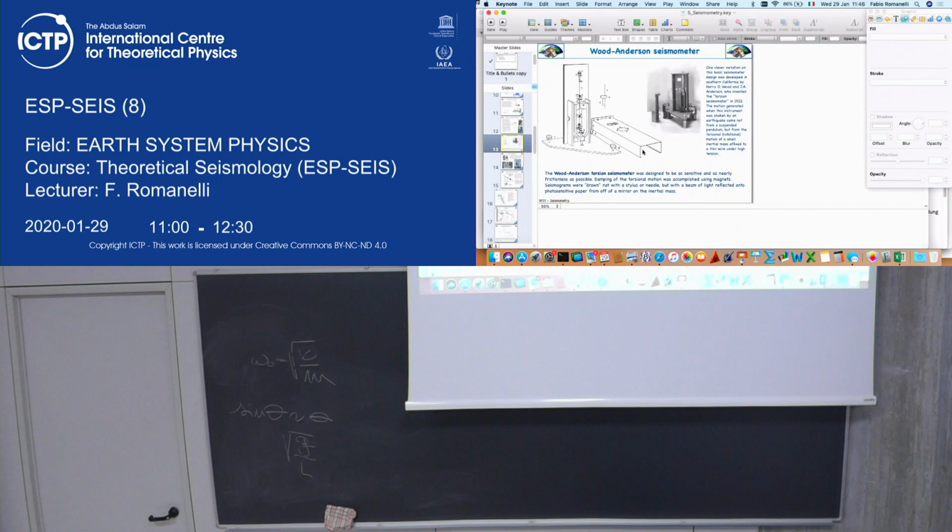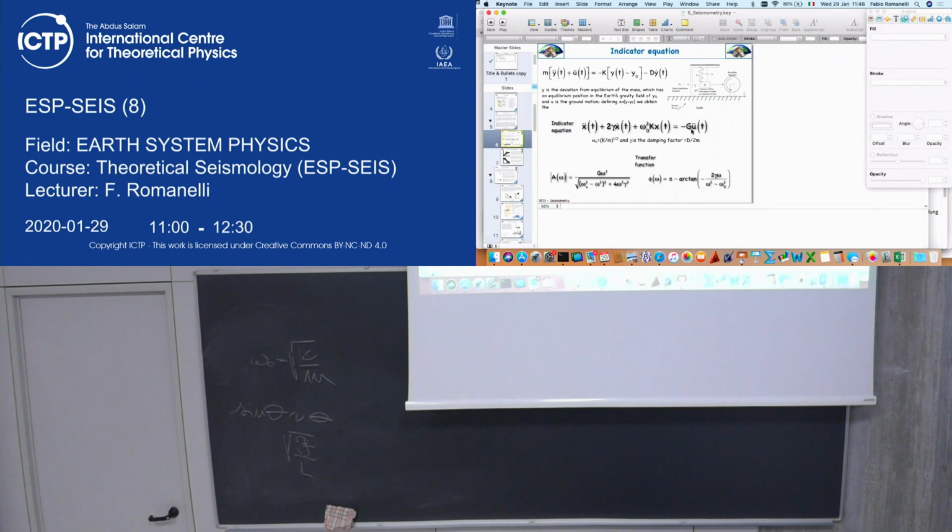So each instrument had what in this formula here is G. That's the amplification. Of course, with the signal that is current, amplification is given by tuning, okay?